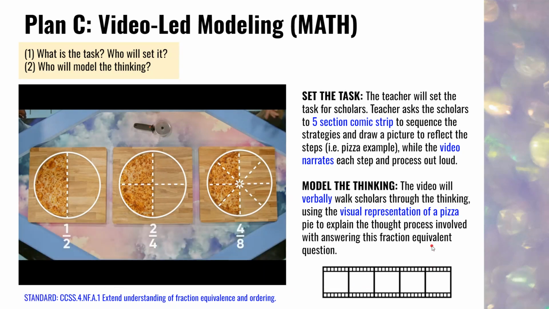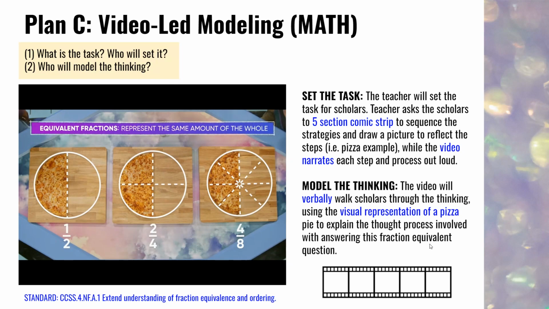So, who has more pizza left? We all have the same amount of pizza. Since yours was cut into 2 pieces, there's 1 left. Since this one was cut into 4 pieces, there are 2 left. And this one was cut into 8 pieces, so there are 4 left. So even though all these fractions have different numerators and denominators, they all represent the same amount of a whole pizza. Exactly. We call these equivalent fractions, which means they represent the same amount of the whole. The word equivalent means equal. So since 1/2 equals 2/4, which equals 4/8, we can say they are all equivalent fractions.